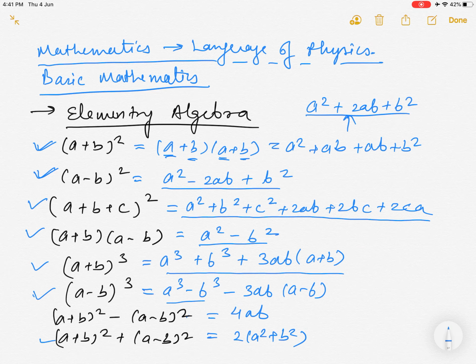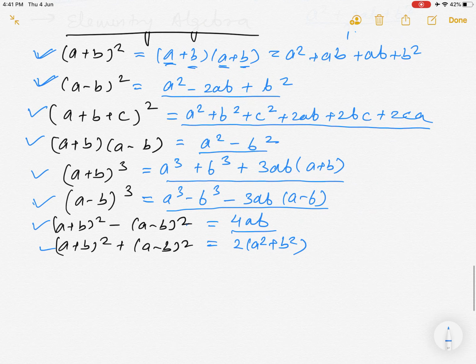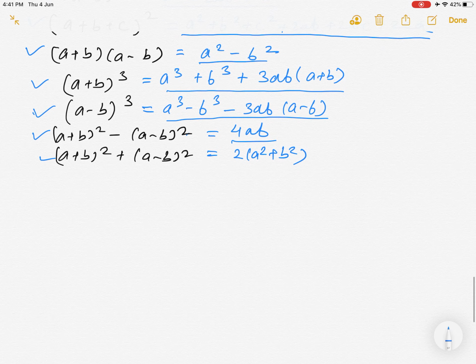If I ask you what's (a plus b) whole cubed, it's a cube plus b cube plus 3ab in bracket (a plus b). If I ask you what is (a minus b) whole cubed, you will say a cube minus b cube minus 3ab in bracket (a minus b). If I ask you what is (a plus b) whole squared minus (a minus b) whole squared, you will say 4ab. If I ask you (a plus b) whole squared plus (a minus b) whole squared, what you will say is 2 in bracket (a squared plus b squared). So these are the most elemental formulas which you need to remember.